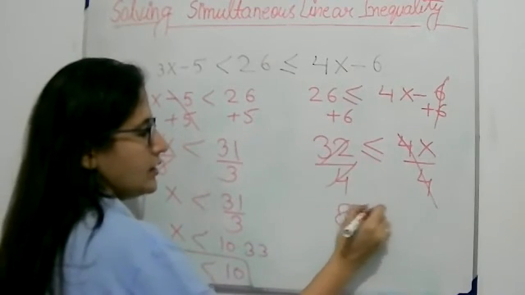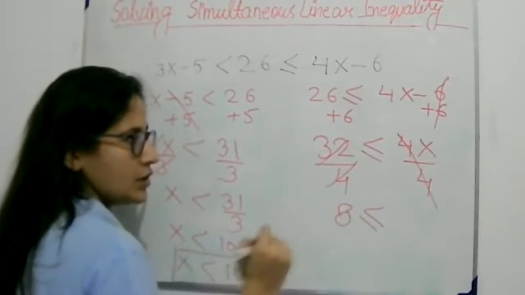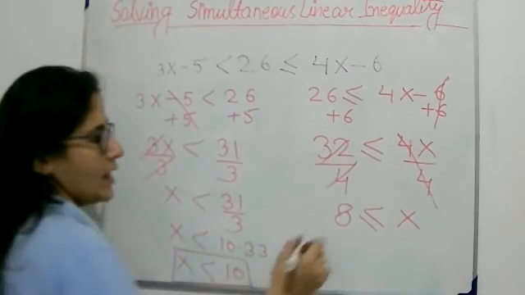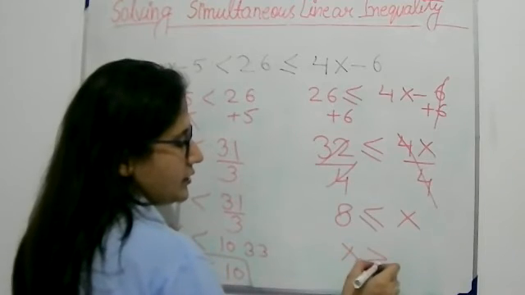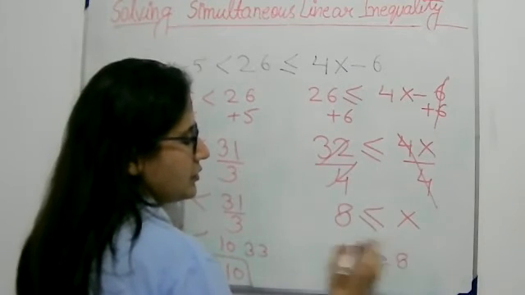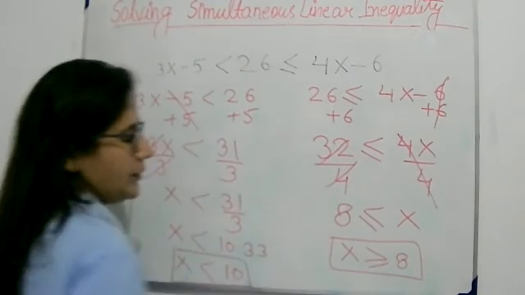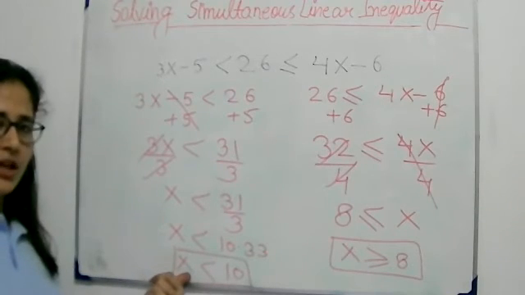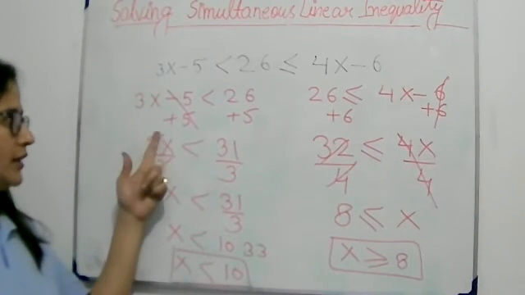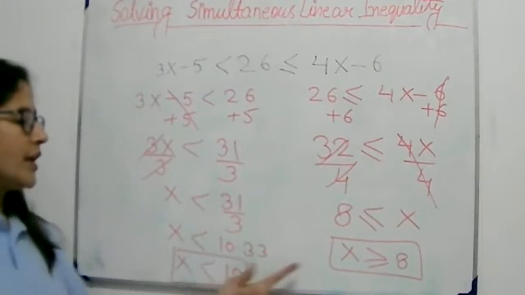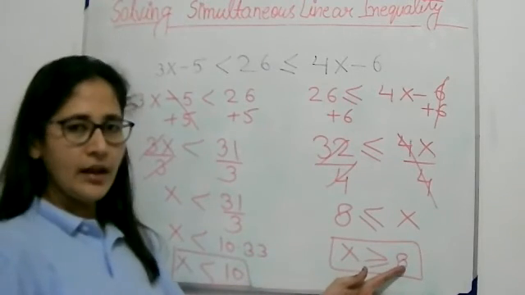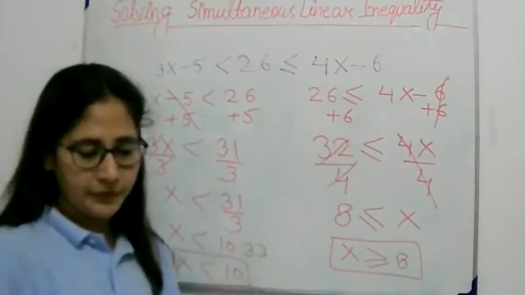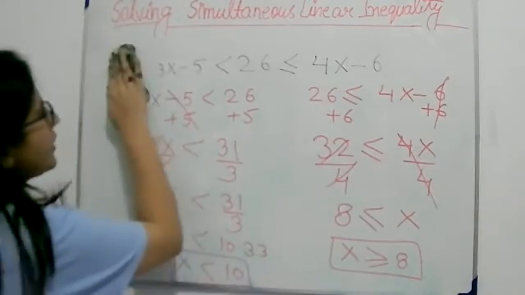So 8 less than or equal to x. So write like this, x is greater than or equal to 8. For the solution, all those values which are less than 10 will satisfy the first inequality. All those values which are greater than 8 and equal to 8, that means 8 also satisfies this inequality. Let's represent this also on a number line.